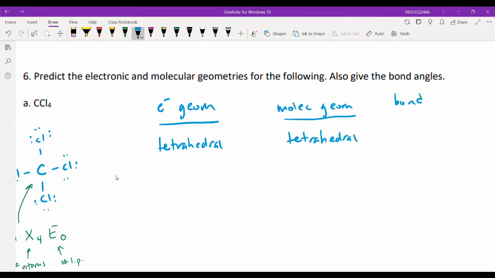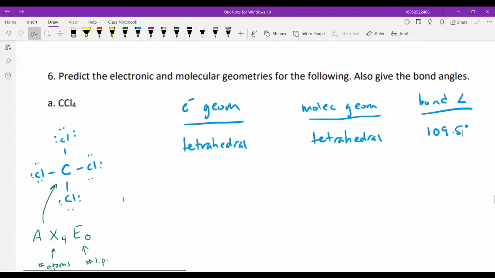And bond angles would be 109.5. So that angle just goes with tetrahedral. Okay. So that one's not too bad.